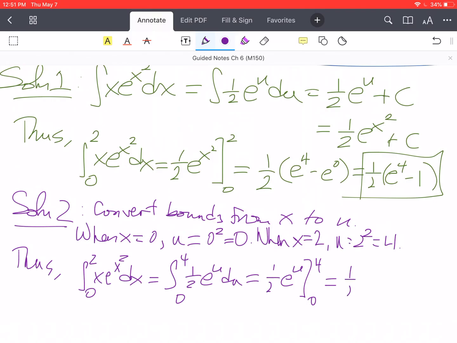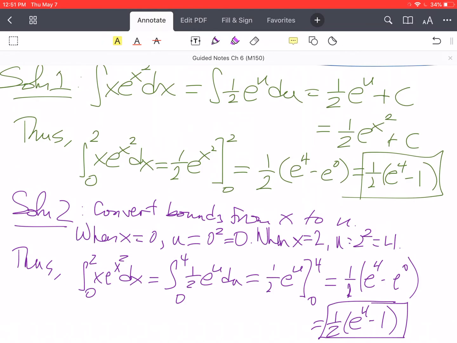So we get 1/2 (e to the 4 minus e to the 0), which of course gives us 1/2 (e to the 4th minus 1). So we end up getting the exact same answer as we did before using the converted bounds.